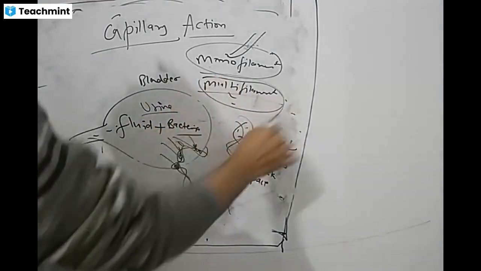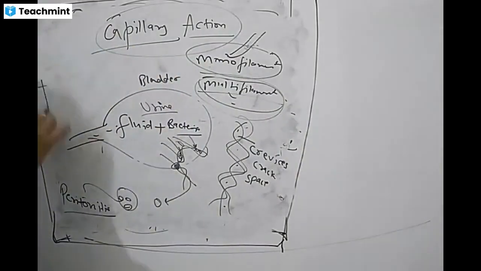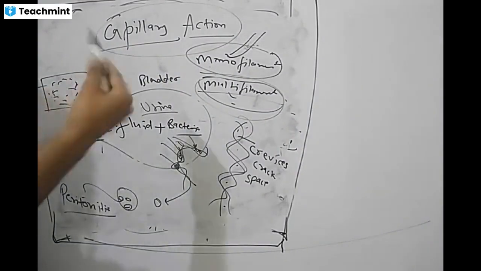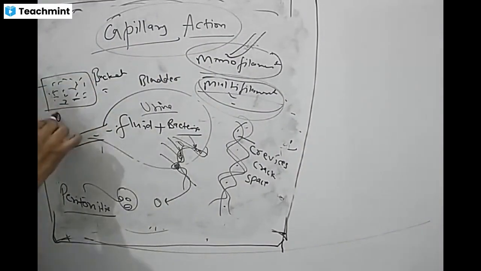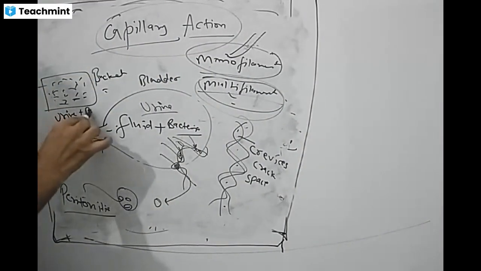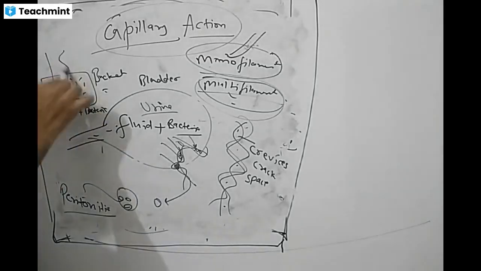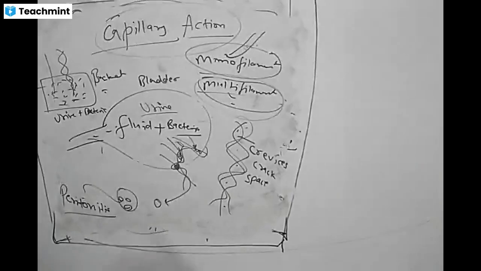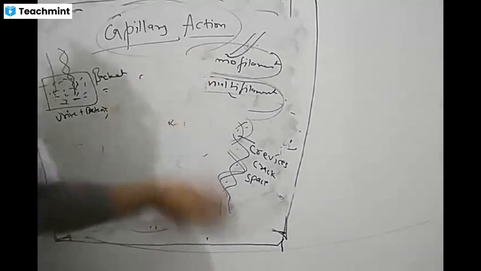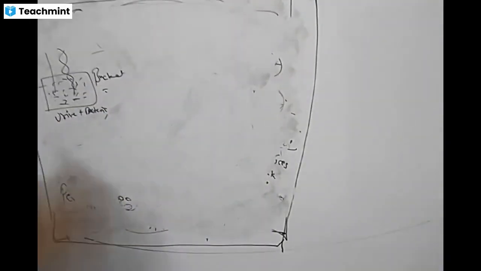So the structure itself defines capillary action. Suppose this is a bucket filled with urine plus bacteria. If you put monofilament or multifilament suture material in this bucket, and we compare in which material there will be capillary action.